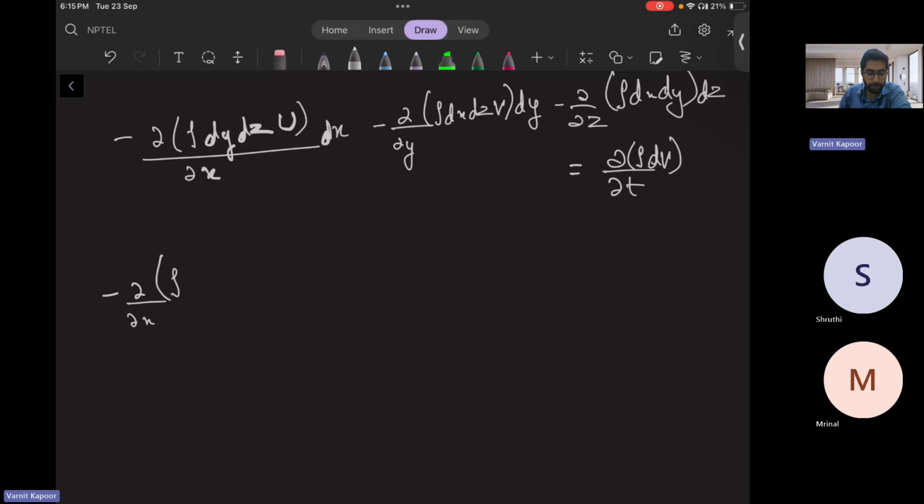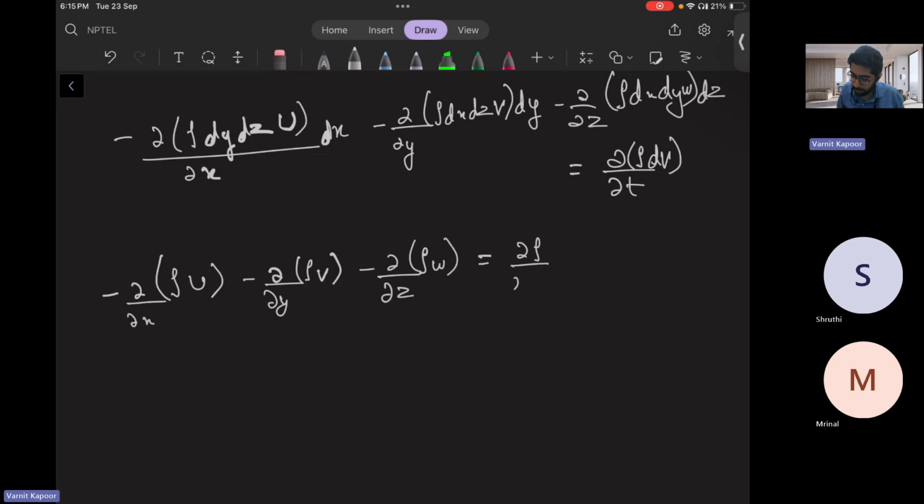So ∂rho/∂t dv, where dv is nothing but dx dy dz, equals minus ∂/∂x of rho u minus ∂/∂y of rho v minus ∂/∂z of rho w.